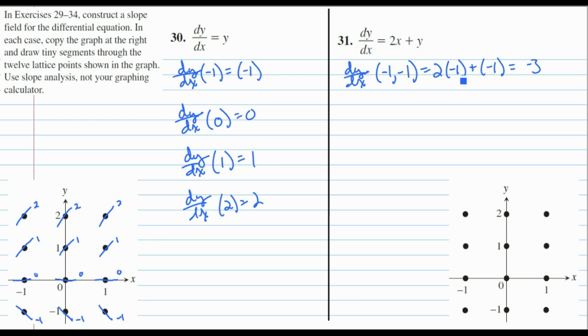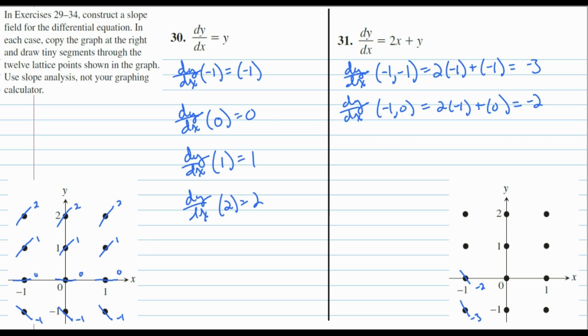If I plug in -1 for x and -1 for y, at that point only the slope is going to be -3. Now the next one I can try, maybe I'll go up one, so -1, 0. If I plug in -1 for x and now 0 for y, this point right here at -1, 0 gets the slope -2.